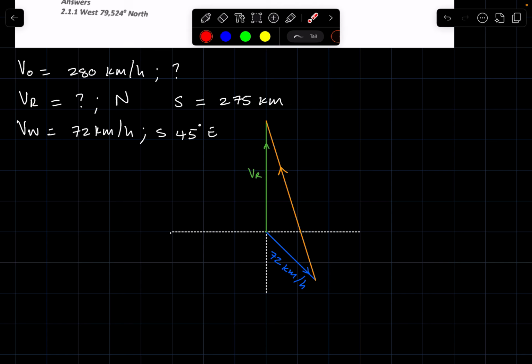So your vector diagram isn't complete unless it has directions. Like I said, we follow the triangle law in drawing the vector diagram, making certain that the components of VR, which are VW and VO, follow a head to tail direction, and that VR opposes the direction of head to tail, just like this one.